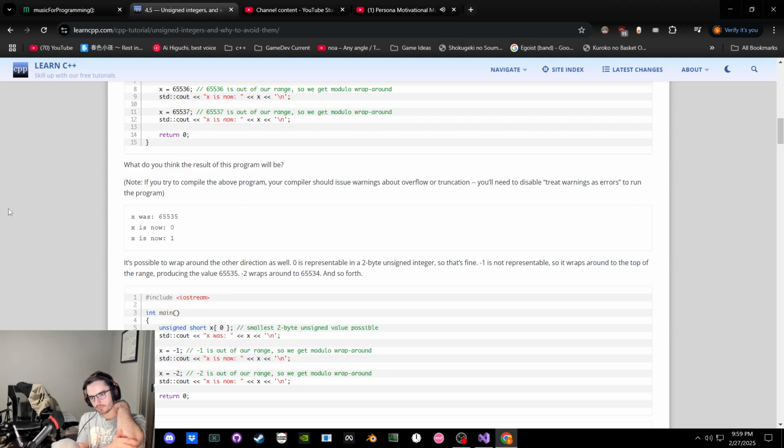Yep. You need to disable it because it sounds like it's trying to convert the type, that way it can fit the value because it's trying to avoid the wraparound.